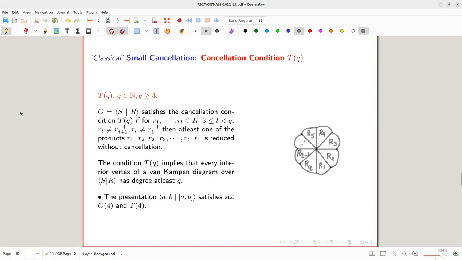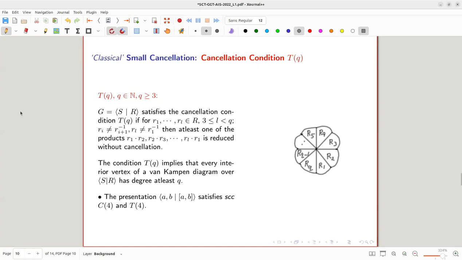What happens? If R4 is equal to R5 inverse, then at least this part we can definitely see gets cancelled. But if they are entire inverses of each other, then there will be cancellation even on these parts.